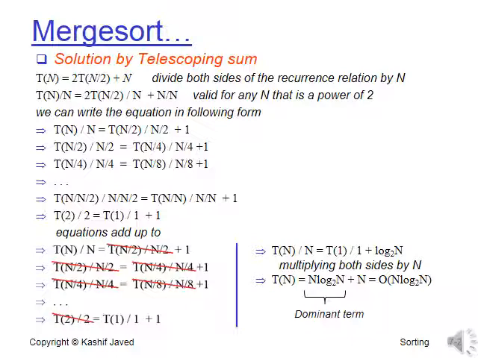We take the recurrence relation equation, which is T(n) equals 2 times T(n/2) plus n, and divide both sides by n such that we get T(n)/n equals 2 times T(n/2)/n plus n/n, which equals 1.